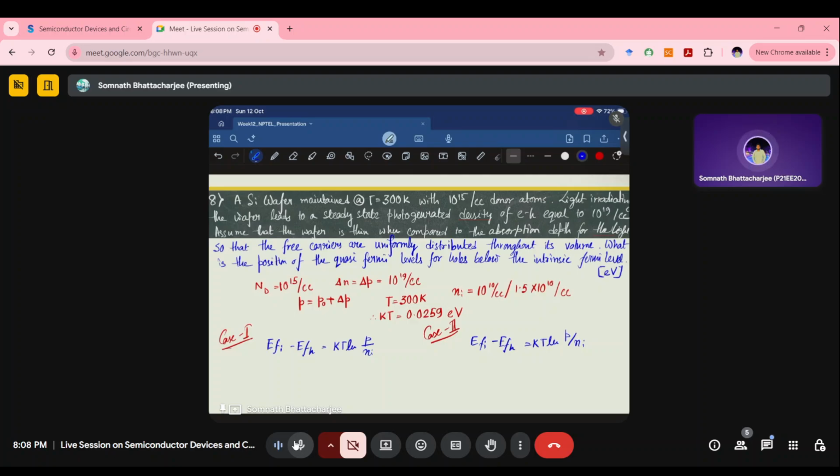Just put two different Ni values for each of the cases and try to find out the values for each of the cases as well. And let me know the answer as well.